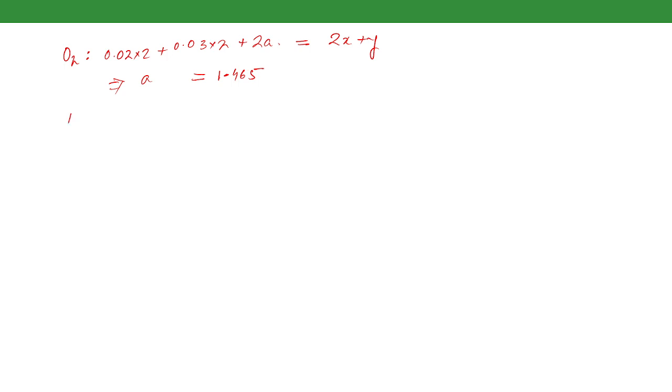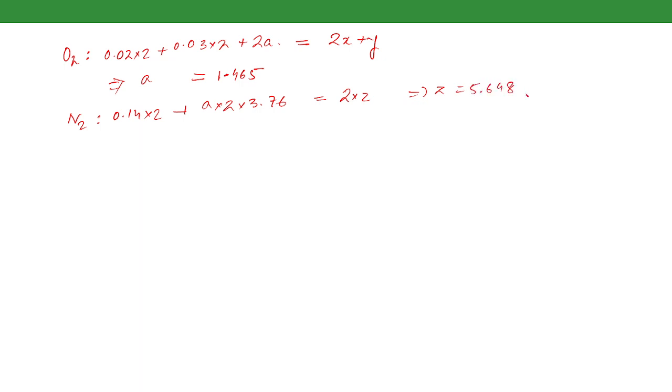And for nitrogen, 0.14 into 2 plus A into 2 into 3.76 is equal to 2 into Z. This implies Z is equal to 5.648.